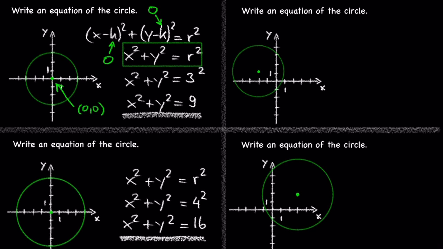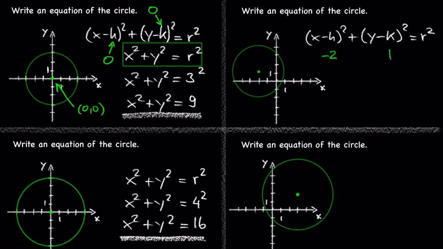In the next example, the center of the circle is not at the origin. So we need the standard equation of a circle, which is (x minus h) squared plus (y minus k) squared equals r squared. The coordinates of the center are negative 2, 1. So h is negative 2 and k is 1.